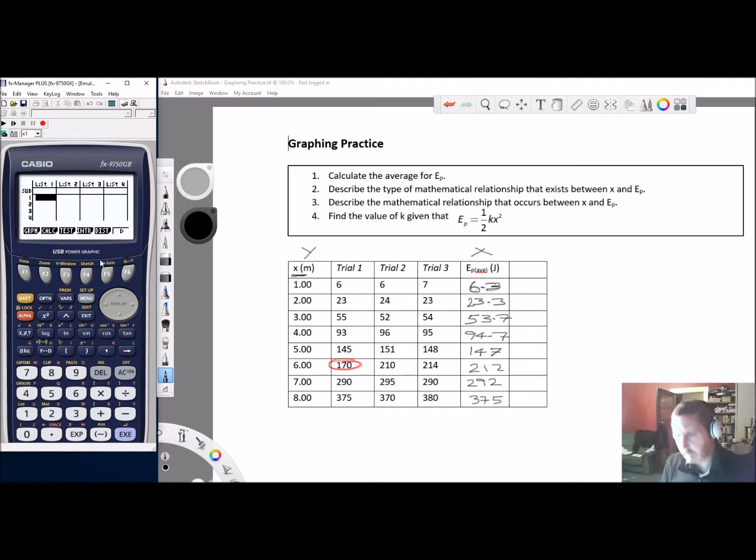Now the x value goes on the left hand side here, so I'm going to put that in first. So we've got 6.3, execute, 23.3, execute, 53.3, execute, and so on. And I'll just go through and enter all of this data right now.